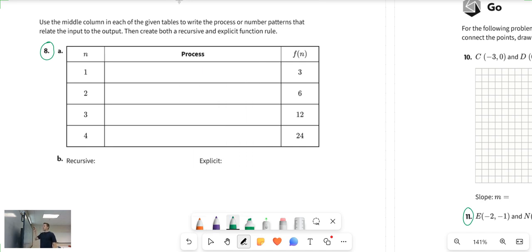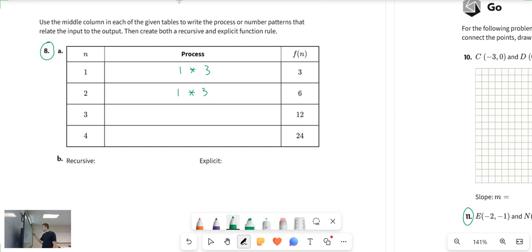So first, if our input is 1 and our output is 3, it seems like we're just doing 1 times 3. Pretty straightforward. And then on the second one we had 1 times 3, right?